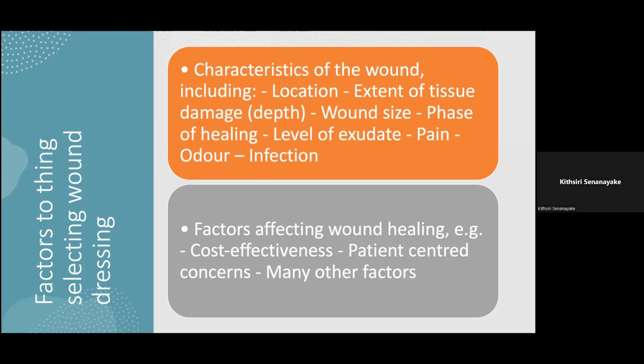And the wound size, especially whether it is cavitating or having tunnelings, and also the level of exudate, pain and odor. And it is very important in the current setting that we think about cost effectiveness and other social factors.